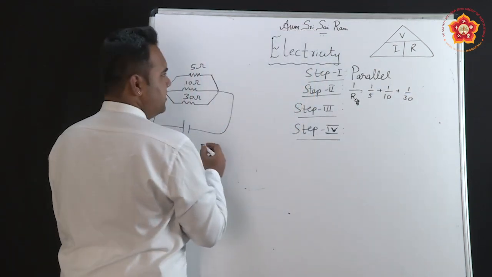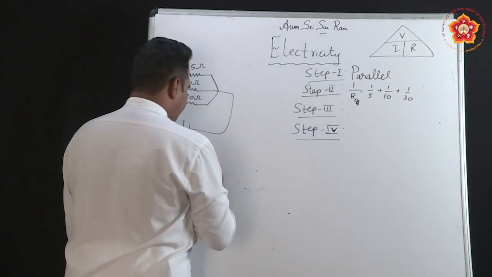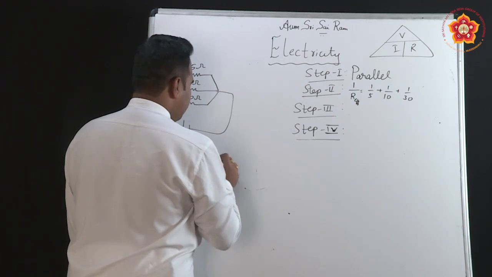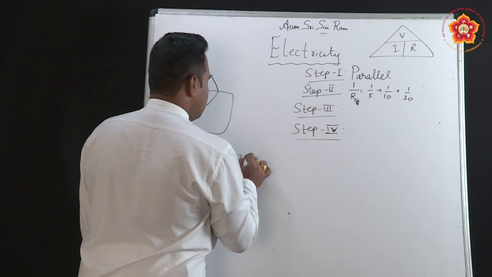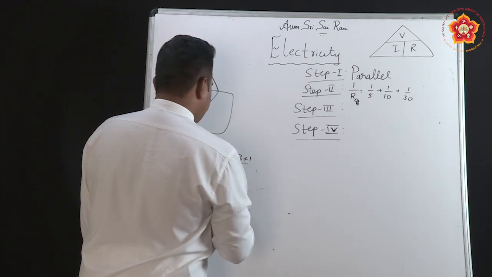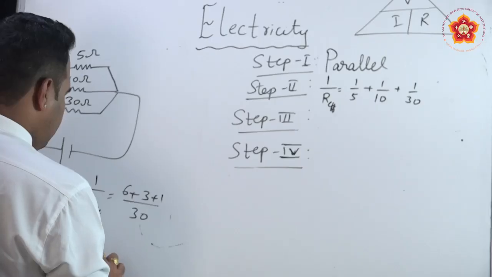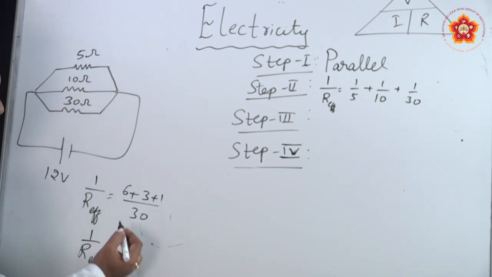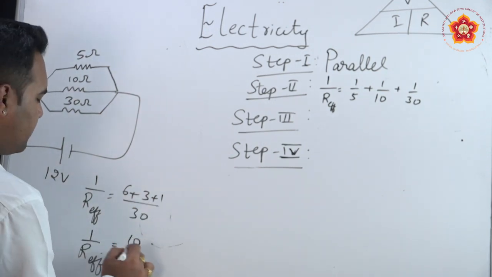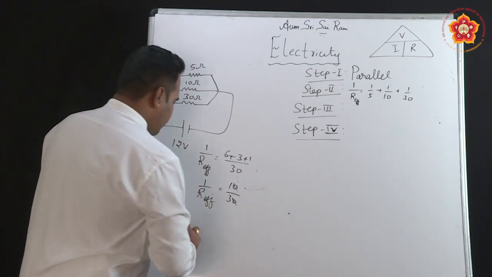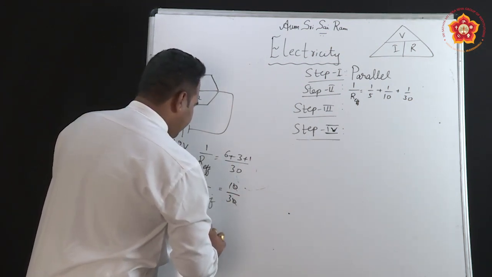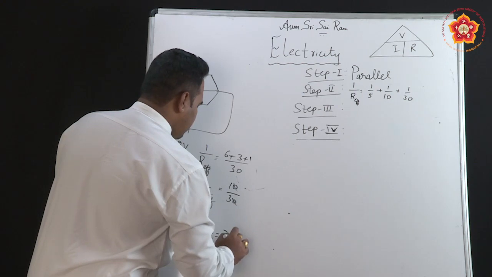Now, let us take the reciprocal. 1 by R effective will be 10 by 30, which is 1 by 3. So, therefore, R effective will be 3 ohms.